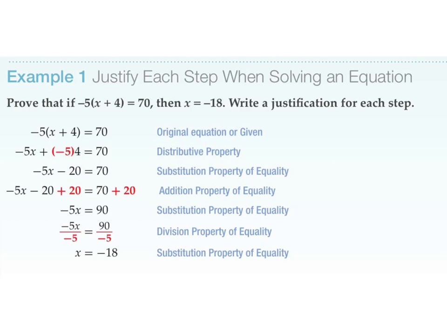This is what you're actually doing. So let's have a look at example 1 that's in your book. As you can see, you've got negative 5 parentheses x plus 4, close parentheses, equals 70, and it says then x equals negative 7. And here's where you're actually doing a two-step proof, and as you can see, it's all there. The first statement you ever come up against is always the given one.